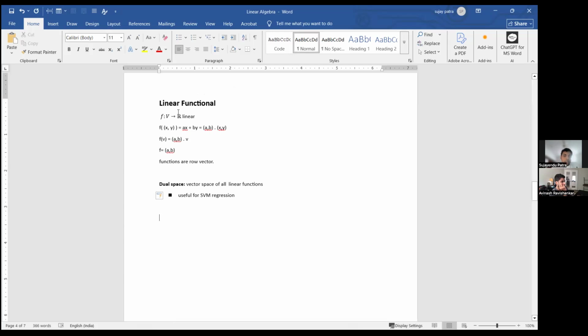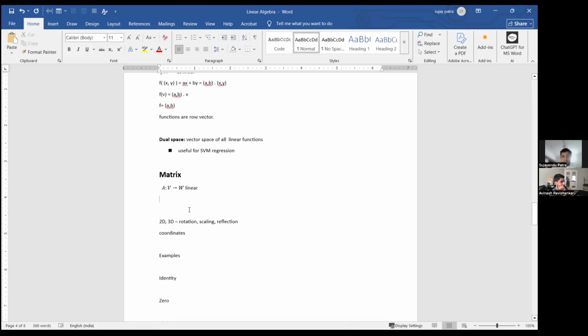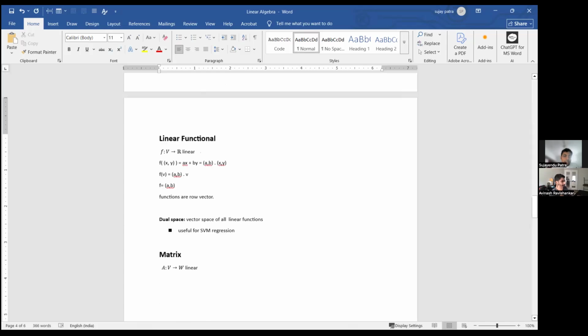So that's basically the idea behind dual space. Now, for a linear functional, we had a restriction that it's going from vector to real number, so vector to scalar. Now let's do vector to vector, and that will give us matrices. Why does it give matrices?